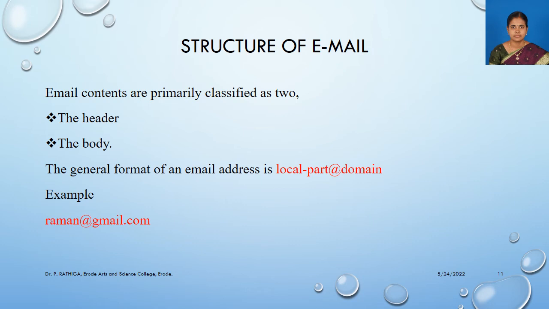The structure of email. The email contents are primarily classified into two, the header and body. We are going to see the contents that come under two subparts, the header.